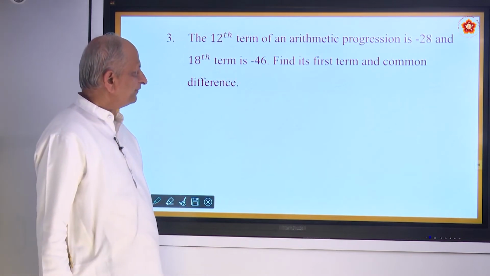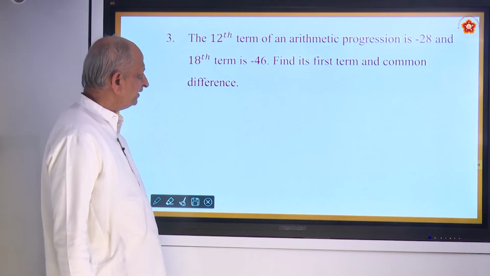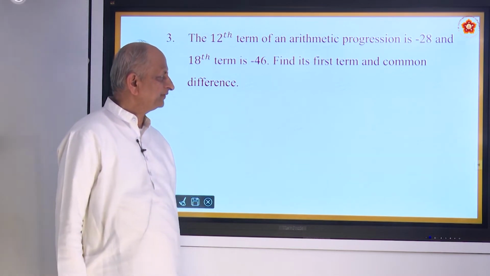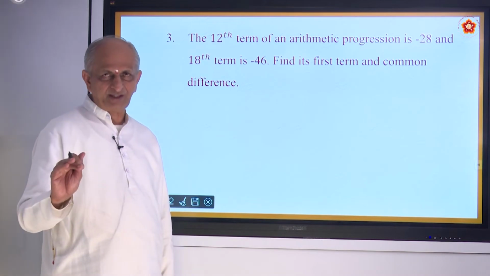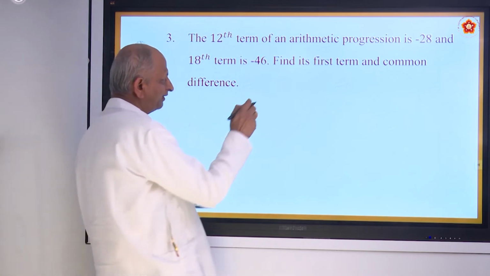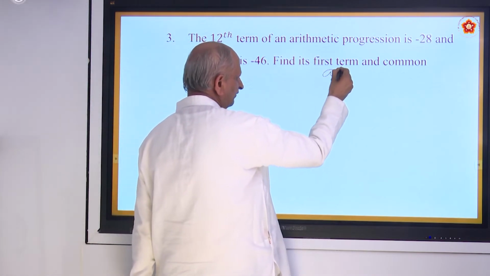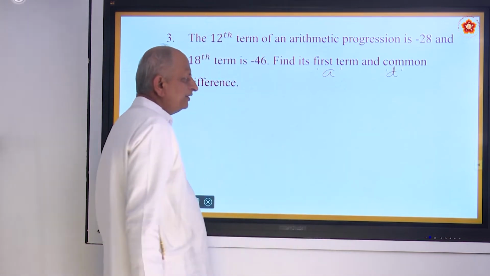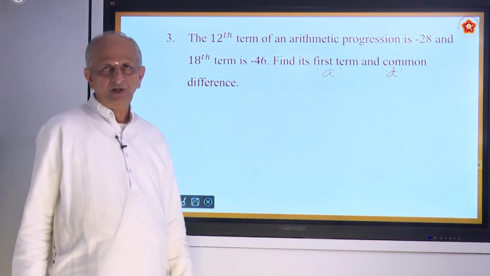The 12th term of an arithmetic progression is minus 28. The 18th term is minus 46. Here the first term is not given, the common difference is also not given. So, two things are not given. A is not given, D is not given. Without being given A and D, how to do it?